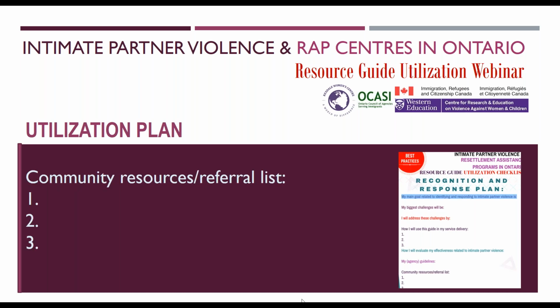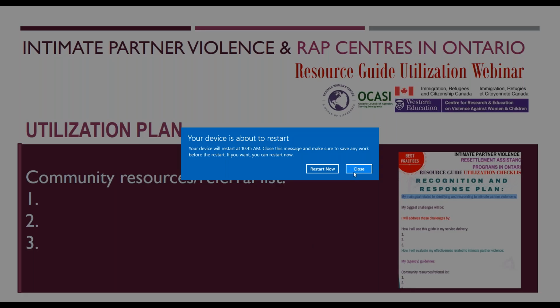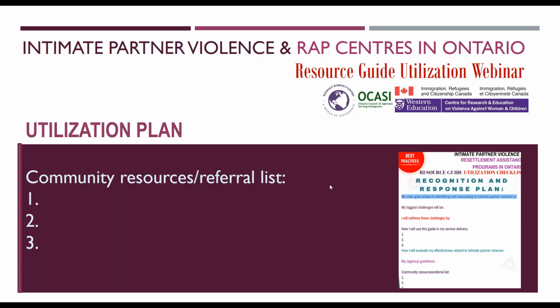Community resources referral list. So imagine that IPV is happening in your organization. Can you think of at least three community resources that you can refer the woman to, those agencies or to gather information about IPV for further consultation? So think about three organizations that you can approach immediately when IPV is suspected in your organization.